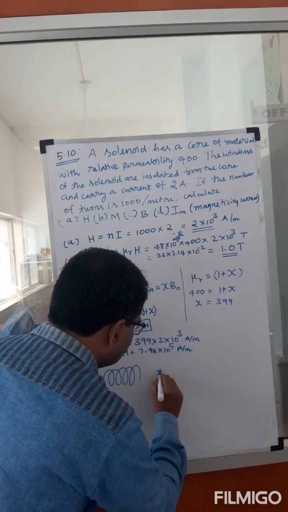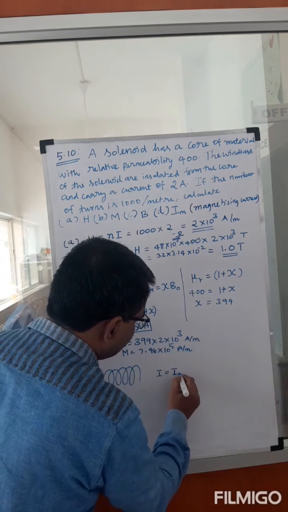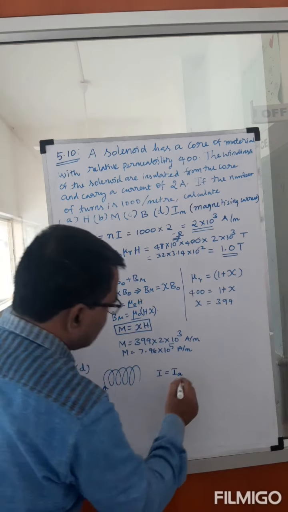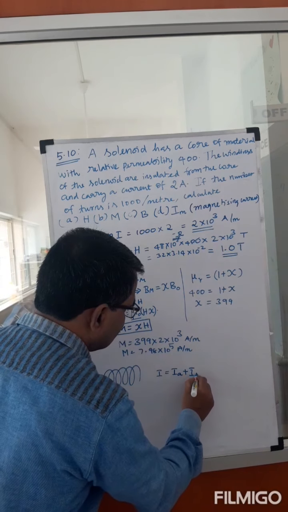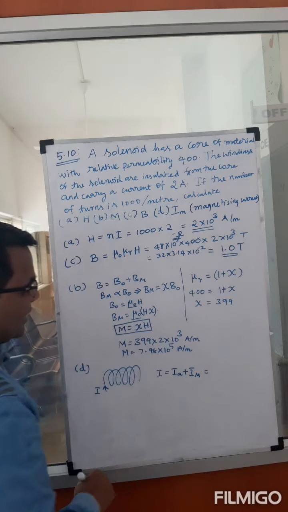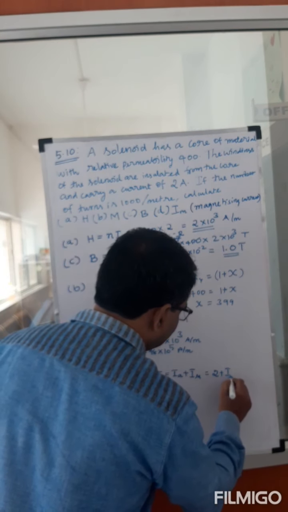So I in this case is equal to the current that I pass plus the magnetizing current, which is 2 plus Im.